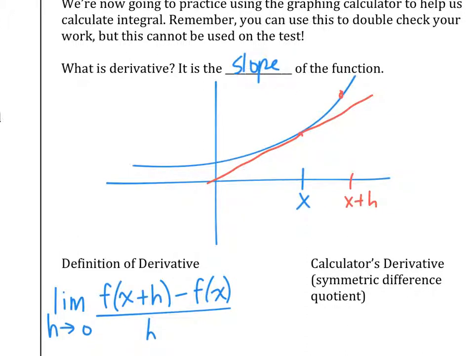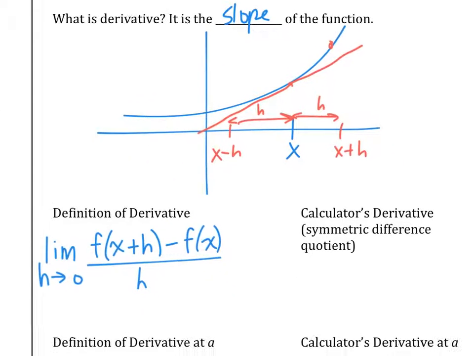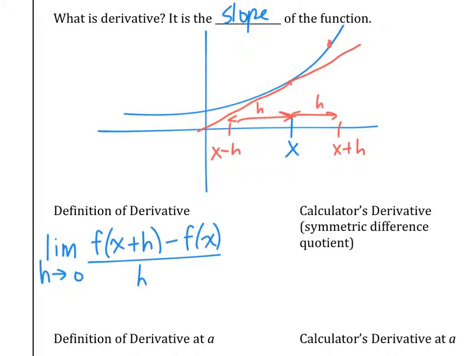So they have 1 point that is x plus h away, and another point that's x minus h away. And then they are going to do limit as h goes to 0. But basically, instead of 1 point coming in, both points are going to come in towards x.